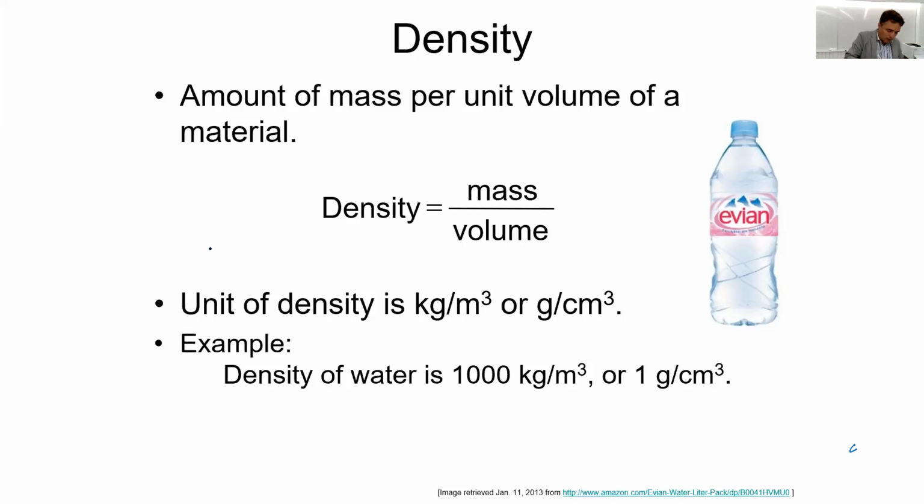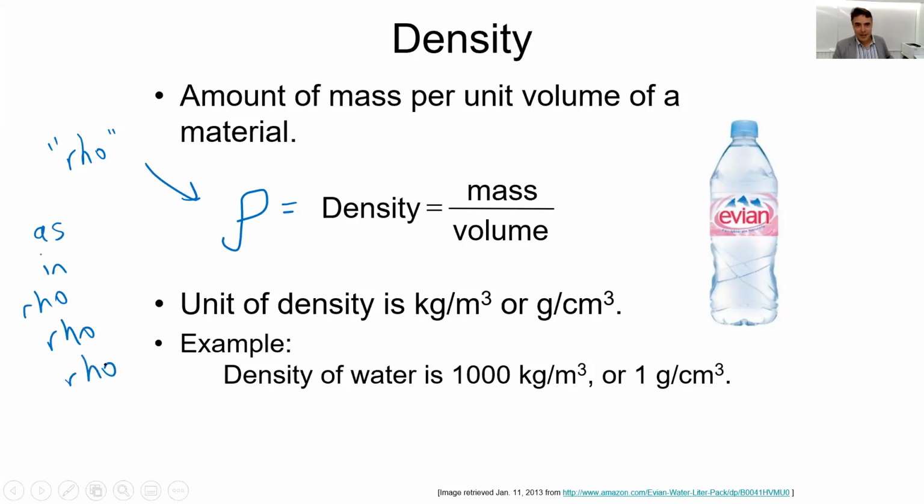I usually use the Greek letter rho. It looks a little bit like a P, but it's called rho, as in row your boat gently down the stream. Okay, there was a hand, but it went away.